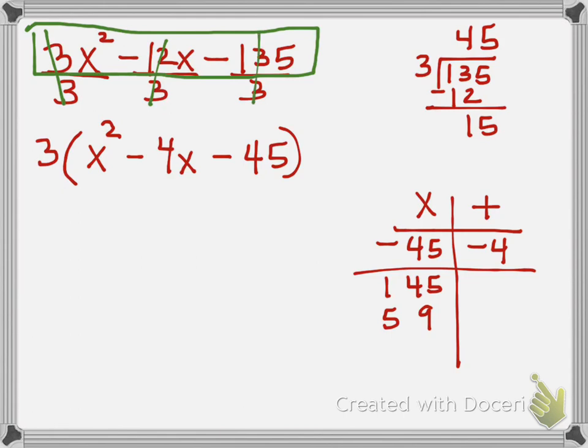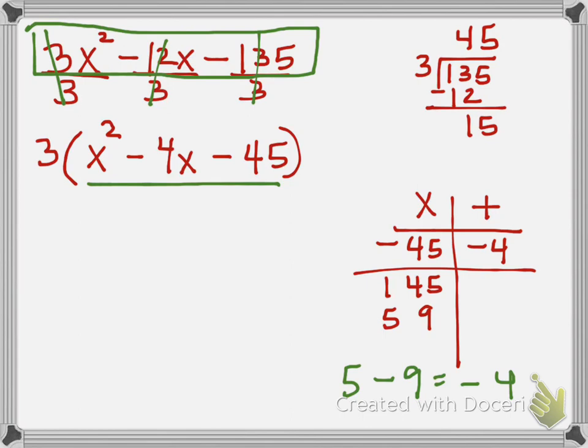Now, you factor this trinomial. What multiplies to give me negative 45? What adds to give me negative 4? We decide from our chart that it's 9 and 5. And I want a negative 4, so I'm going to put the negative on the 9, because 5 minus 9 will give me negative 4.